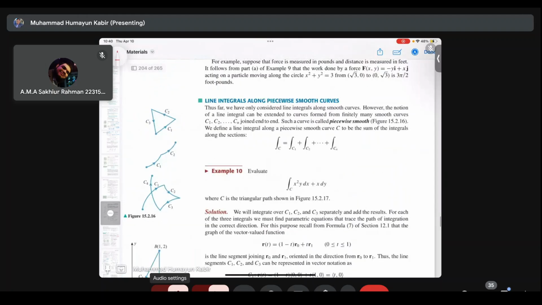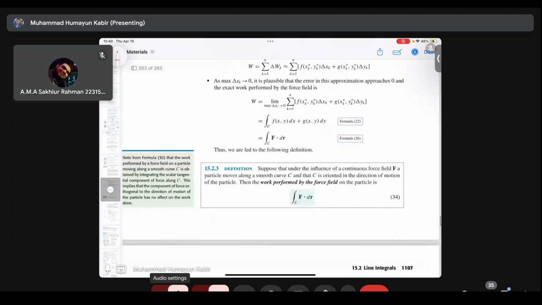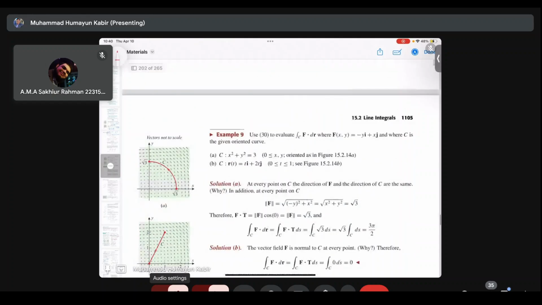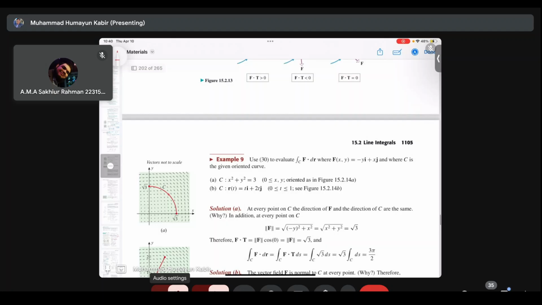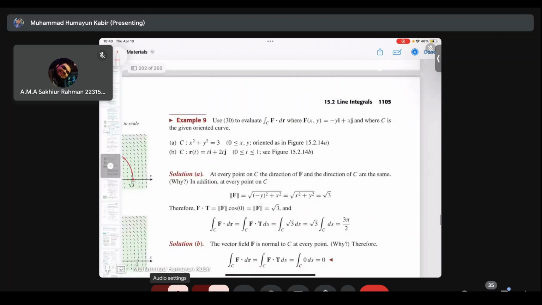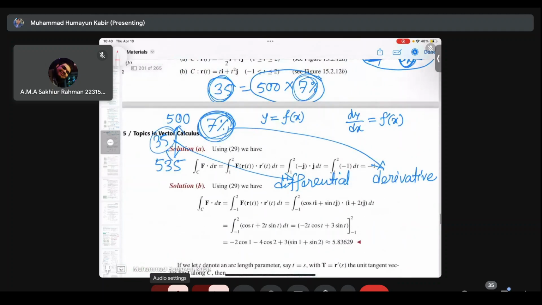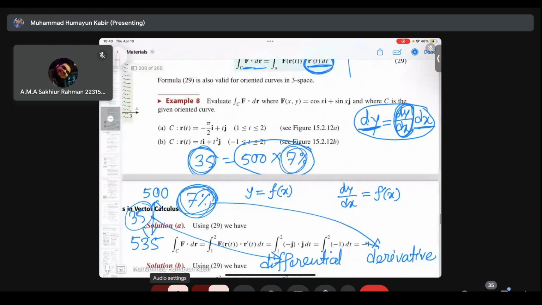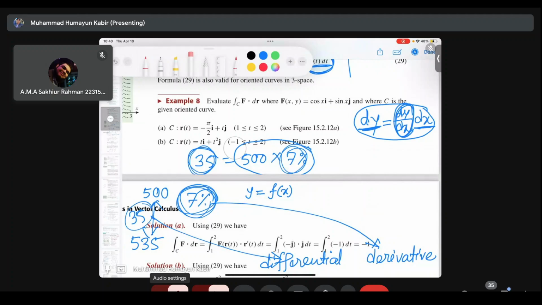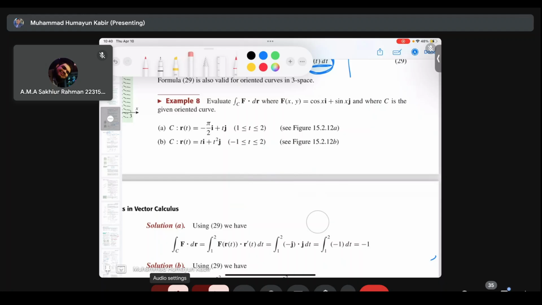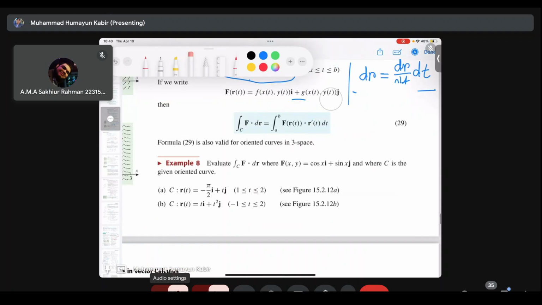Look at here, the thing that I wanted to show. Look at this example.